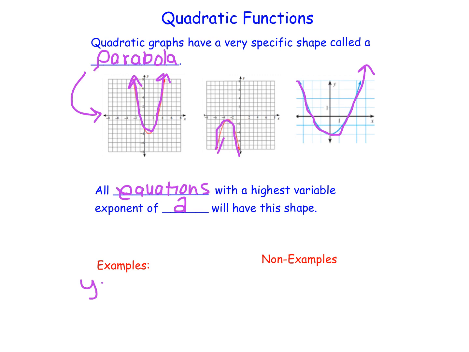So things like y equals 3x squared plus 4x plus 5. Remember, quadratics are always polynomial equations that contain exactly a highest exponent of x of 2. So here we could also have y equals 25x squared minus 75.